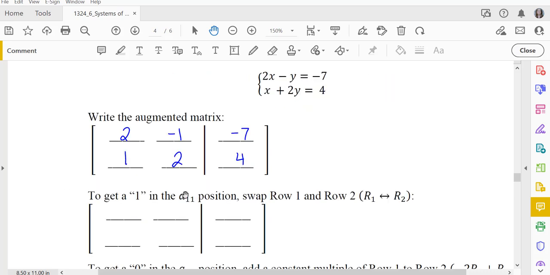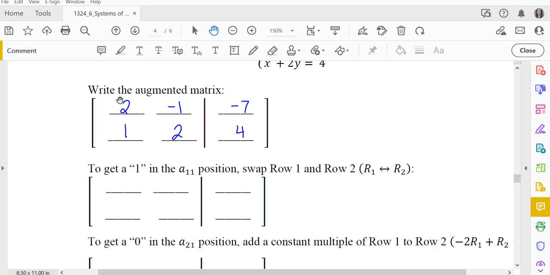Your next step is to get a 1 here in the A11 position. We could accomplish that by interchanging these two rows. So the row operation will look like this. Row 1 swapped with row 2.